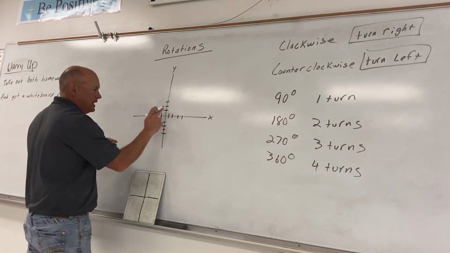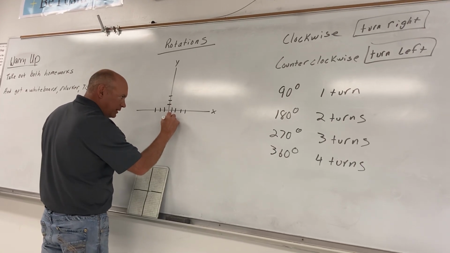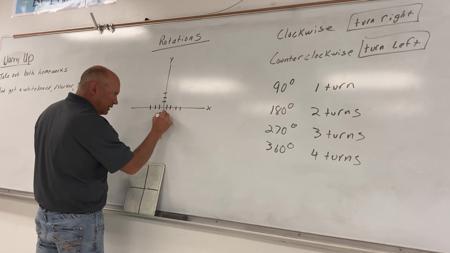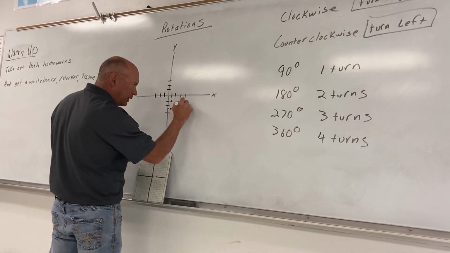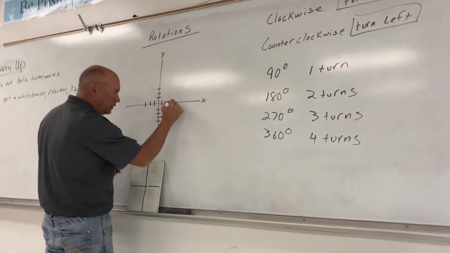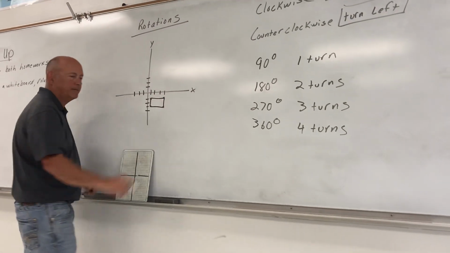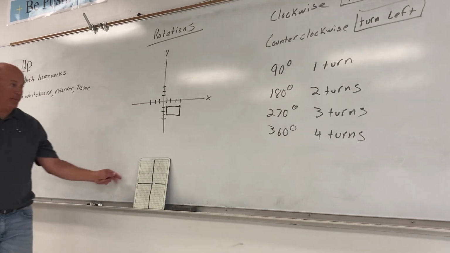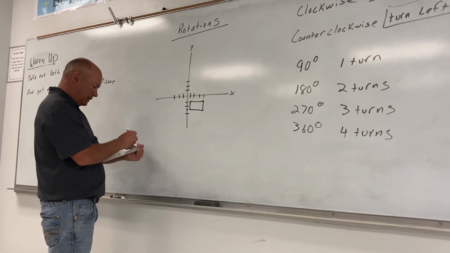All right, for this next one, let's put a rectangle down here. So go to 1, -1. Go to 1, -3. Go to 4, -1. And 4, -3. And connect the box to make a rectangle. So put me a rectangle in that box in quadrant 4.